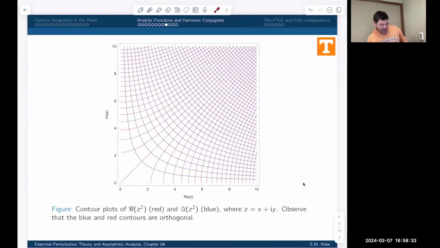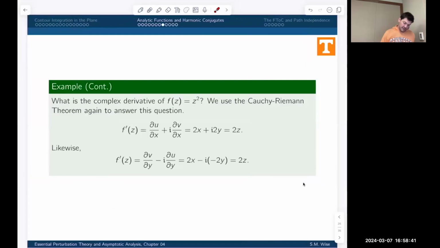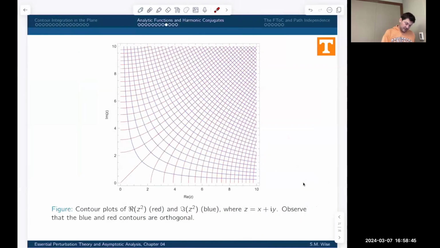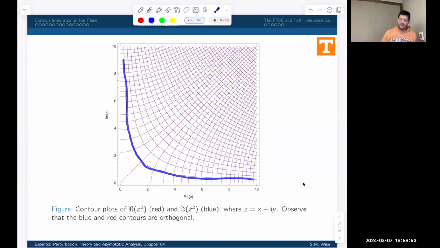Now this is a contour plot of these harmonic conjugates. So these contours here, let me get my blue, are the contours of constant v, constant values of v.